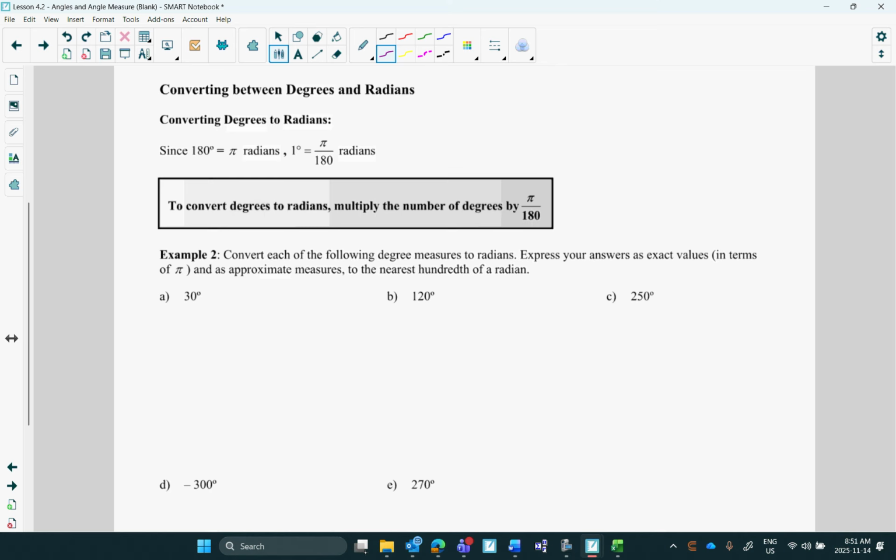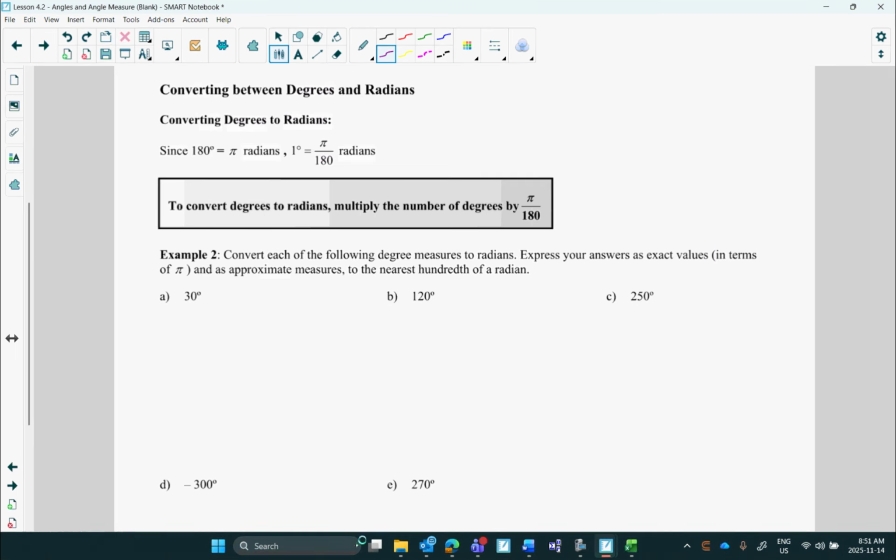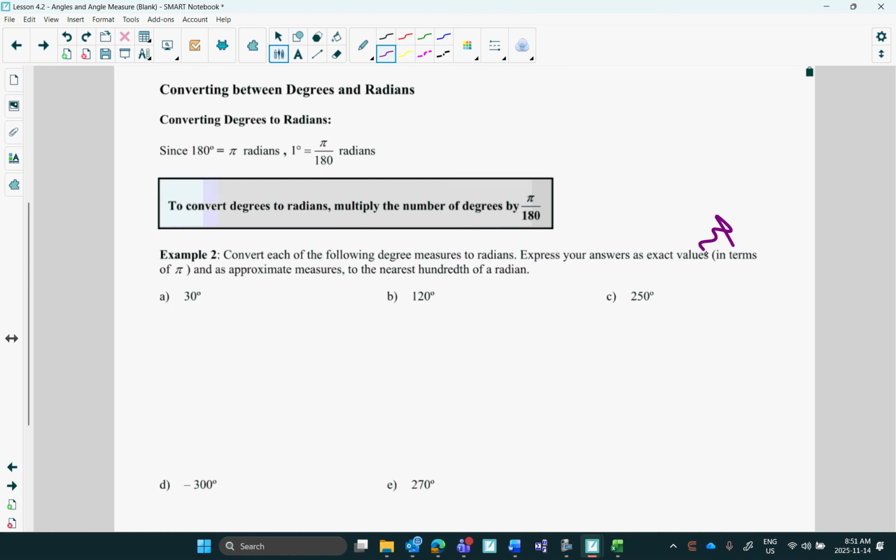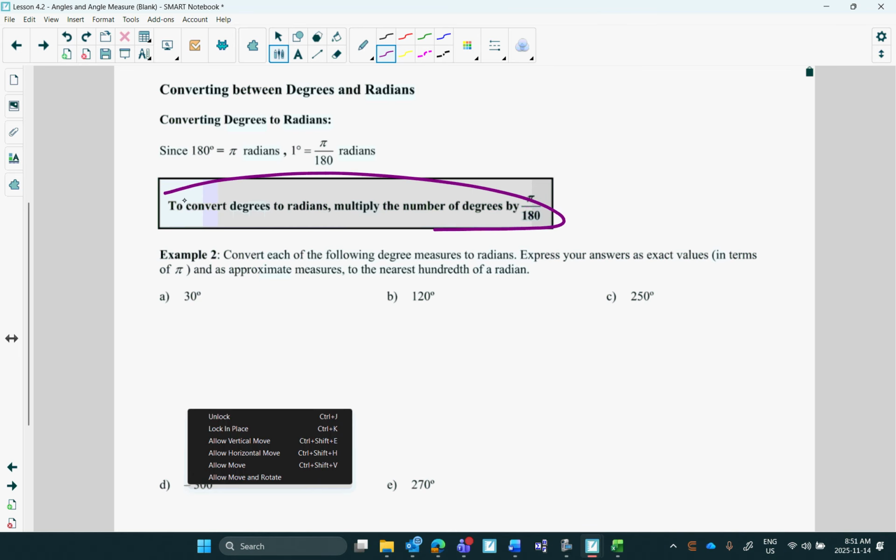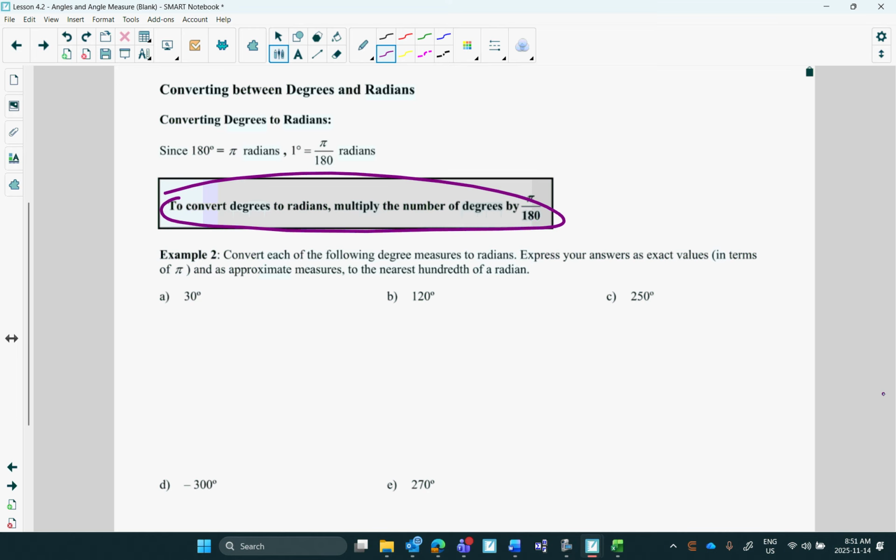Which one should I pull out? Does this work? Oh, yes. No, it's not letting me do the highlighter. Okay, so I'm just going to cheat a little bit.